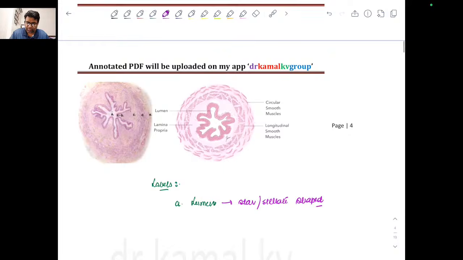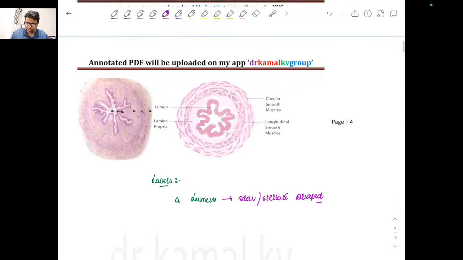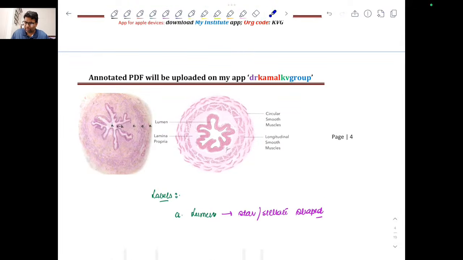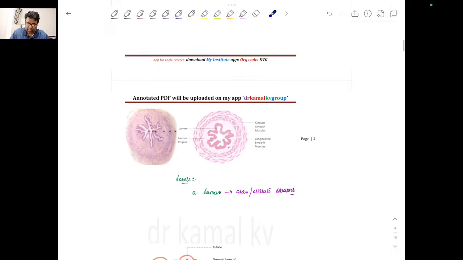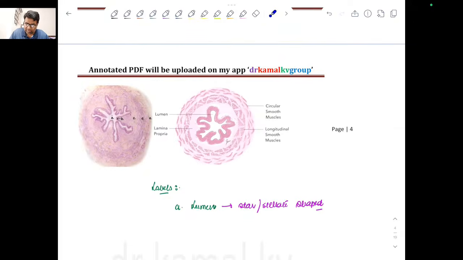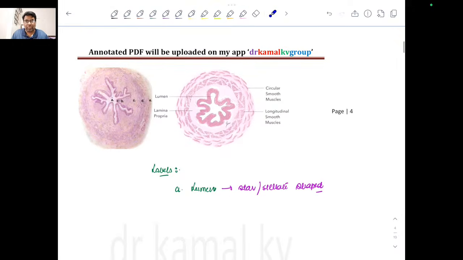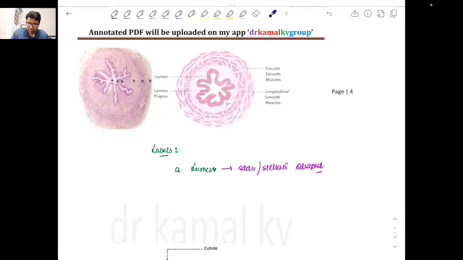Okay, now after the lumen, what we can see, the next label is the epithelium. So this is all epithelium, and I think most of you must be knowing what is the epithelium of ureter or urinary bladder or proximal urethra. So number B is the epithelium.